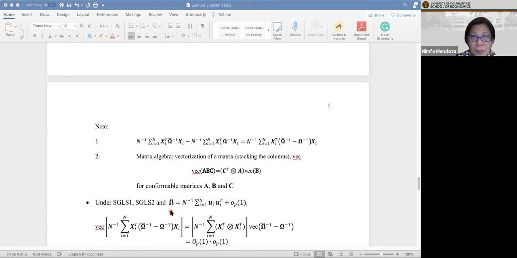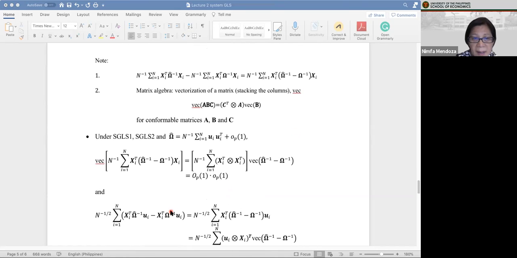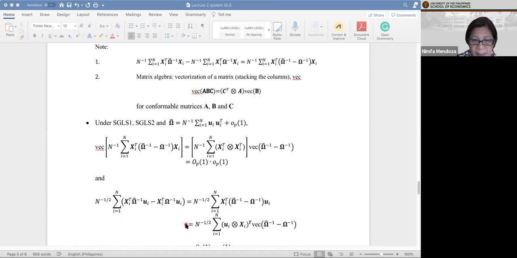The difference in these two terms is just that you have omega here, the population omega, and omega hat here is the estimator.